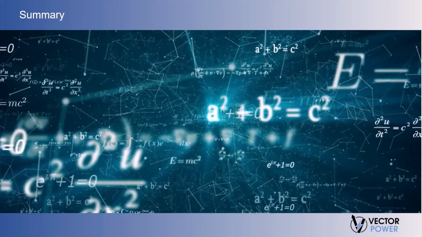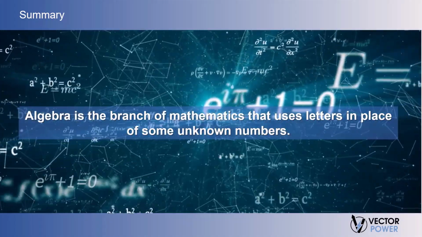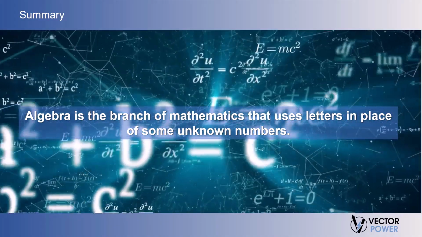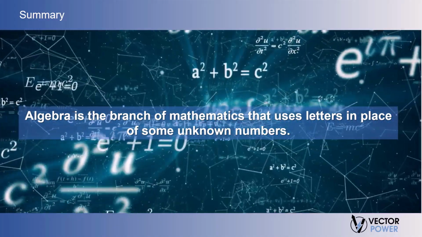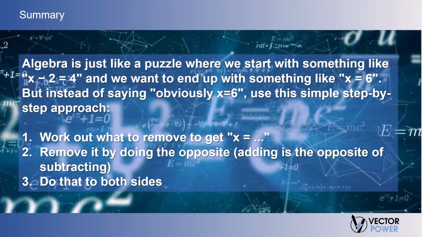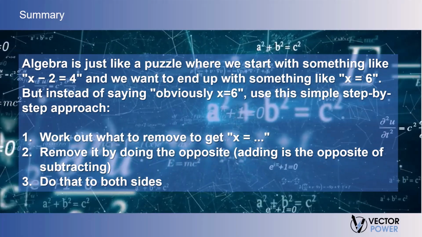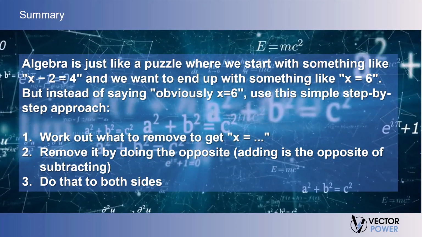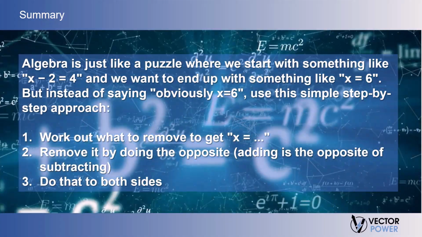All right, in summary, algebra is the branch of mathematics that uses letters in place of some unknown numbers. Algebra is just like a puzzle where we start with something like x minus 2 equals 4, and we want to end up with something like x equals 6.